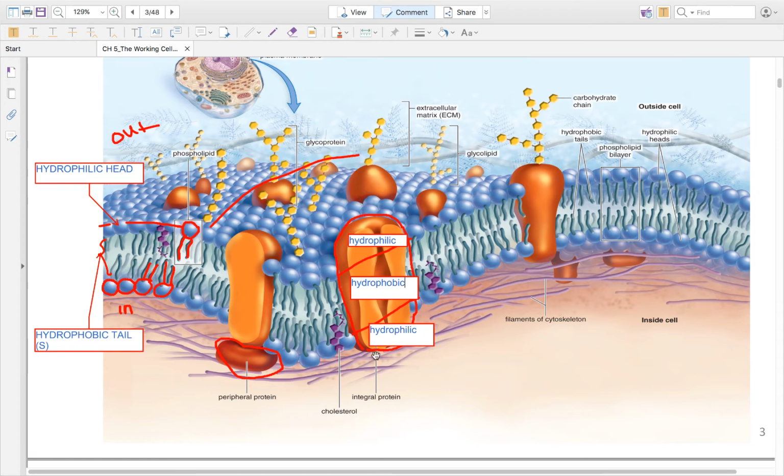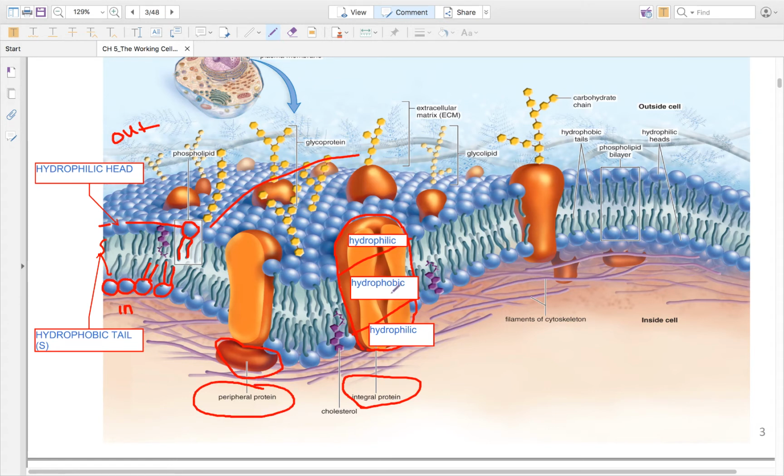Therefore, these are specialized membrane proteins, and they're specifically called integral proteins. Now notice the ones that do not embed through the membrane, they don't have those properties. These are just hydrophilic, so they can hang out over here, no problem. These are called peripheral proteins.